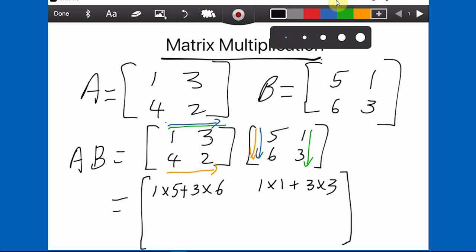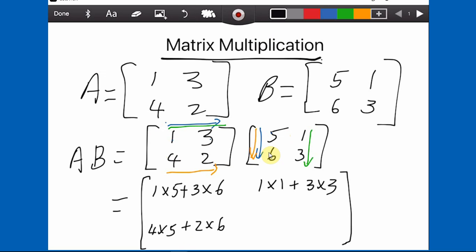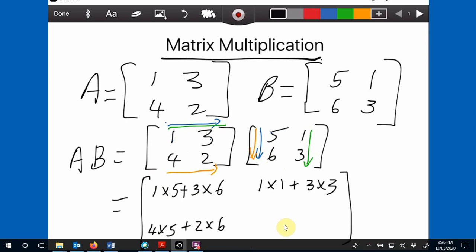All right, so 4 by 5 plus 2 by 6. You notice these second numbers are the same because they're the column 1 numbers, but these first numbers are different because they're the row numbers.